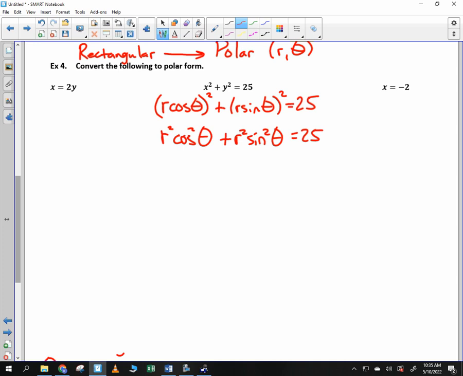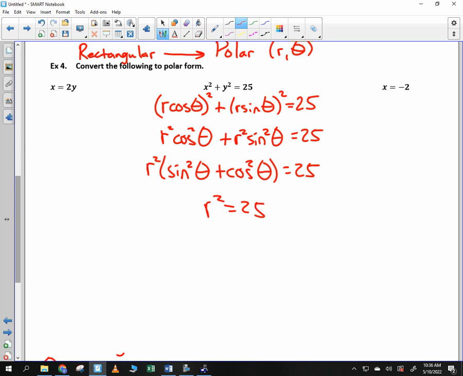Take out r squared. Isn't it the case that when you factor out the r squared, you're left with sine squared plus cosine squared? And what is sine squared plus cosine squared? It is 1. So we get r squared is equal to 25.